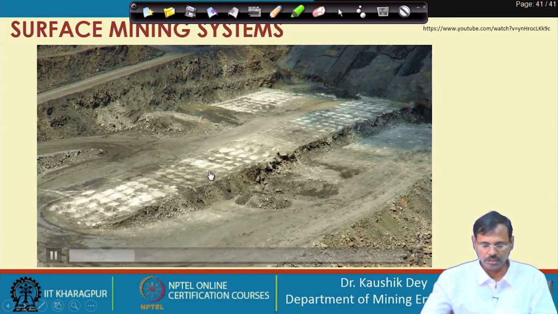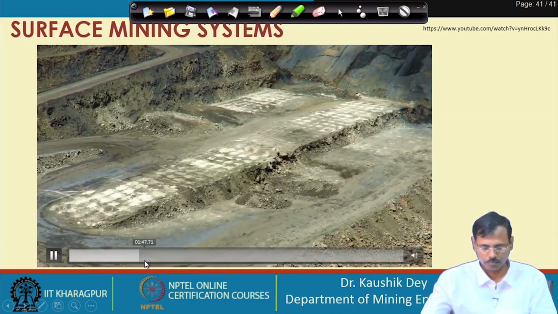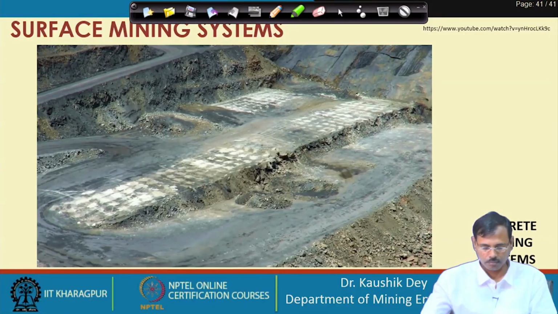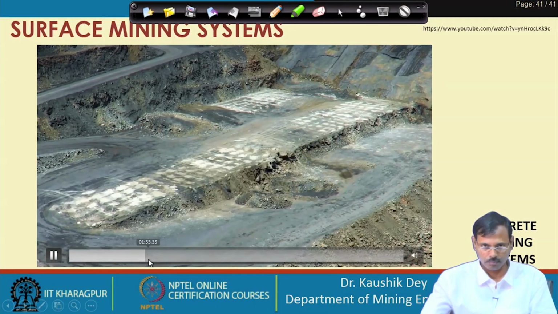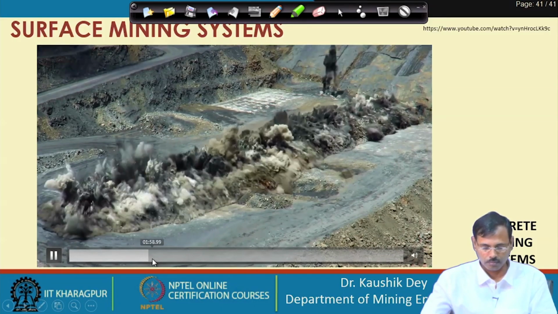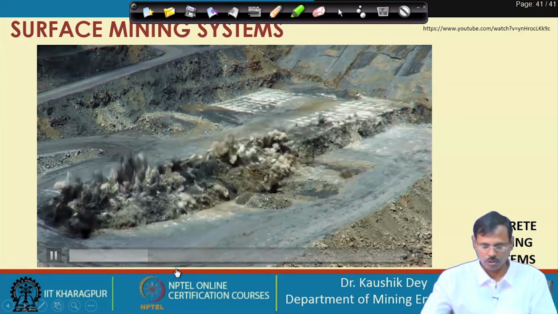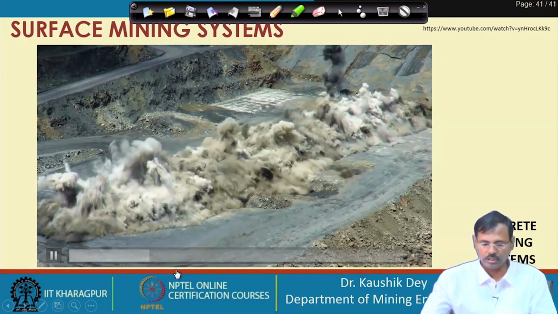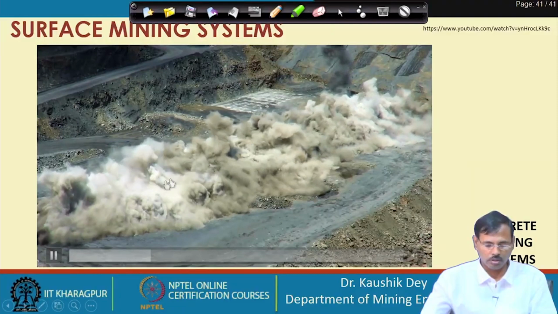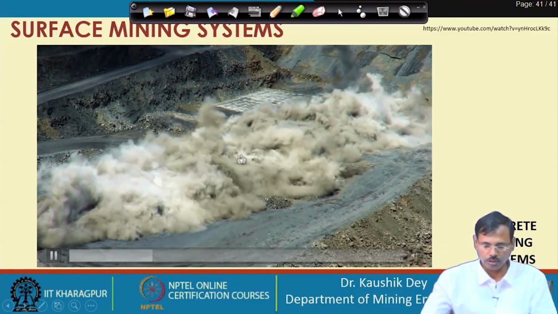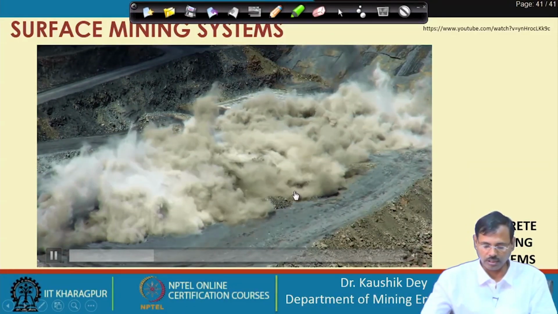So, this complete area is drilled by this drilling machine. So, this is the blasting carried out. So, after drilling, explosives are placed, then the blasting is carried out.